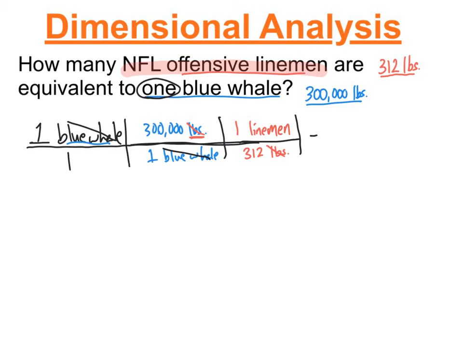And now we can simply multiply straight across, so that's obviously going to be 300,000 on top. Lineman is the only label we have left. Divided by, multiply across, 312. I know that was an easy idea to come up with, 300,000 divided by 312, but it's not the answer that's challenging us here.